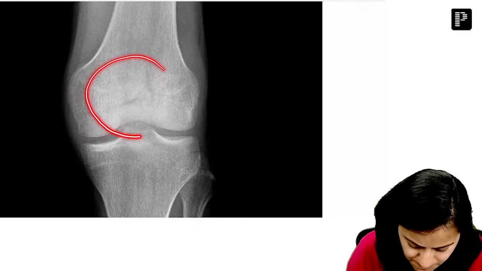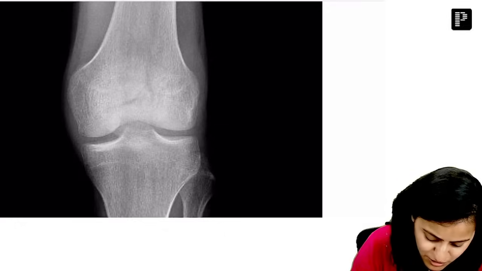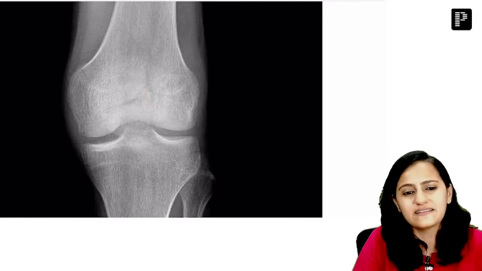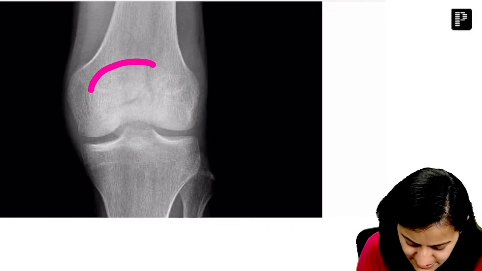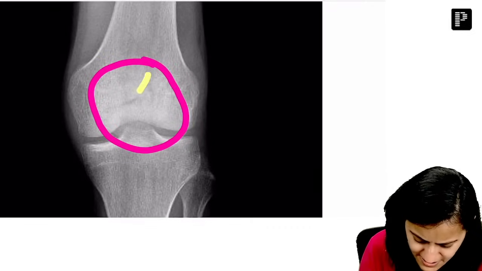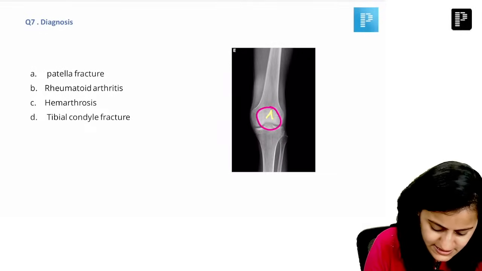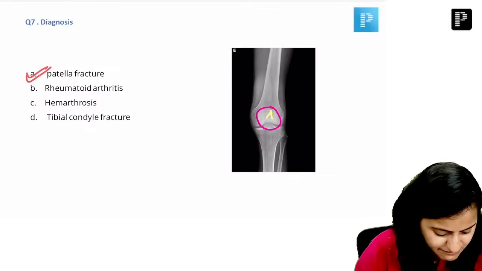This is the patella bone which you are seeing here overlapping the femur, and if you look at it very carefully, there is the fracture line here in the patella. So remember, this is patella fracture. Okay, this is patella fracture.